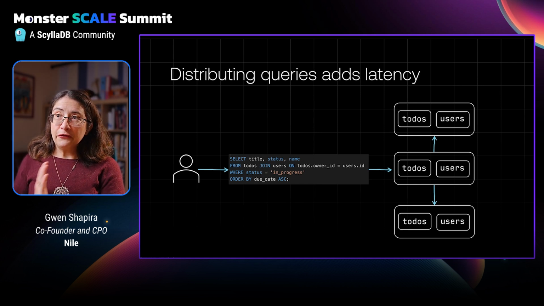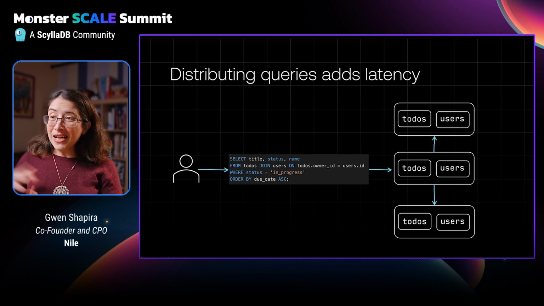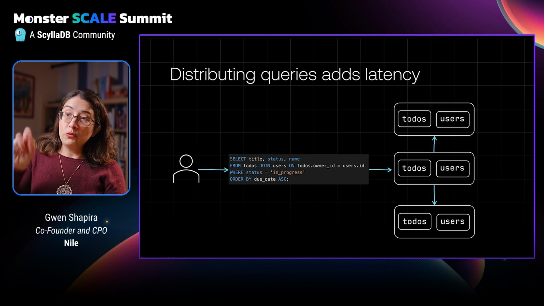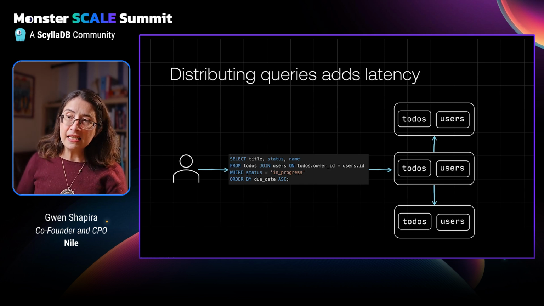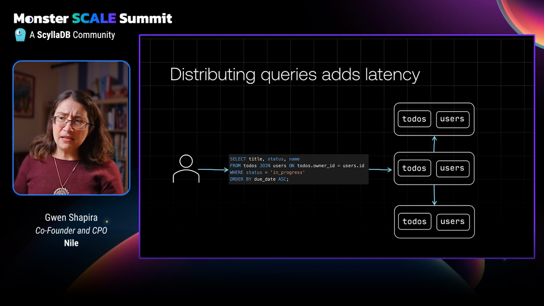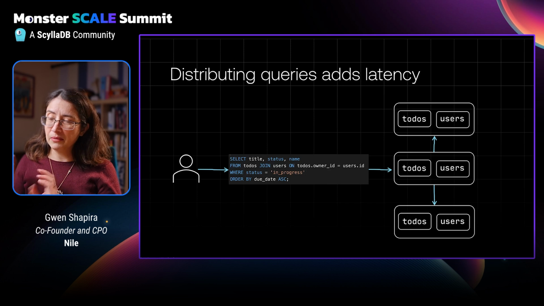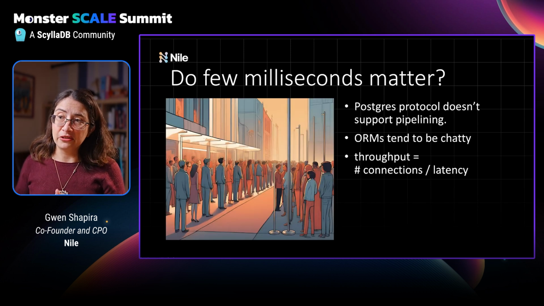Now, if you distribute queries in some ways, it means that every query will need to touch multiple machines, depending on exactly where the data is, which adds latency. Now, network delays between two machines in the same zone are not high latency. We're talking about a millisecond here, a millisecond there. So does it actually matter?